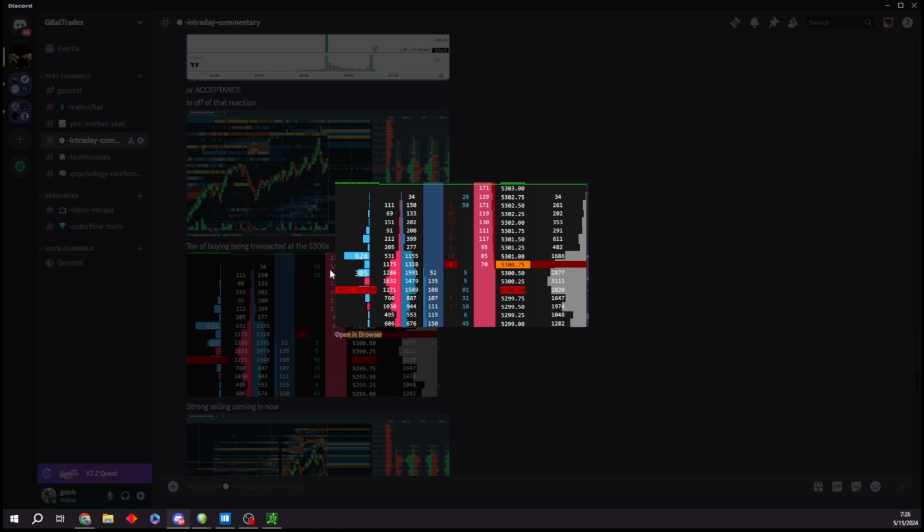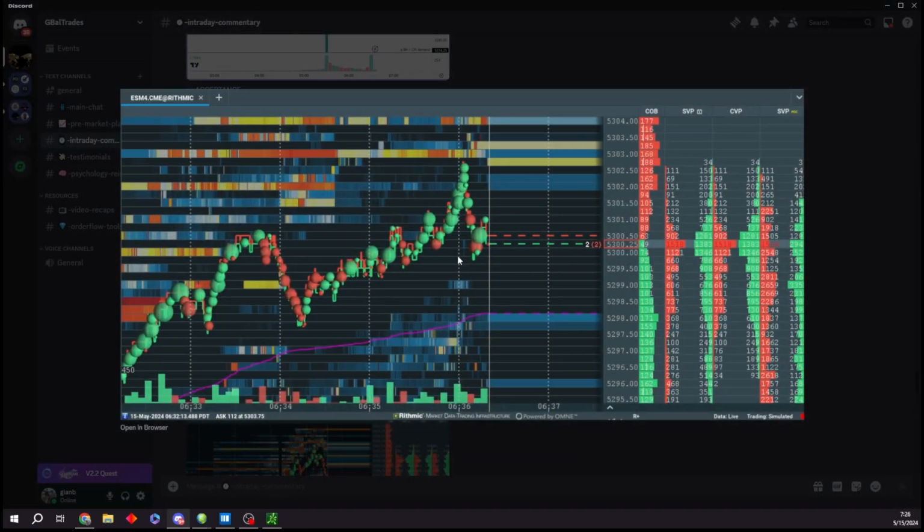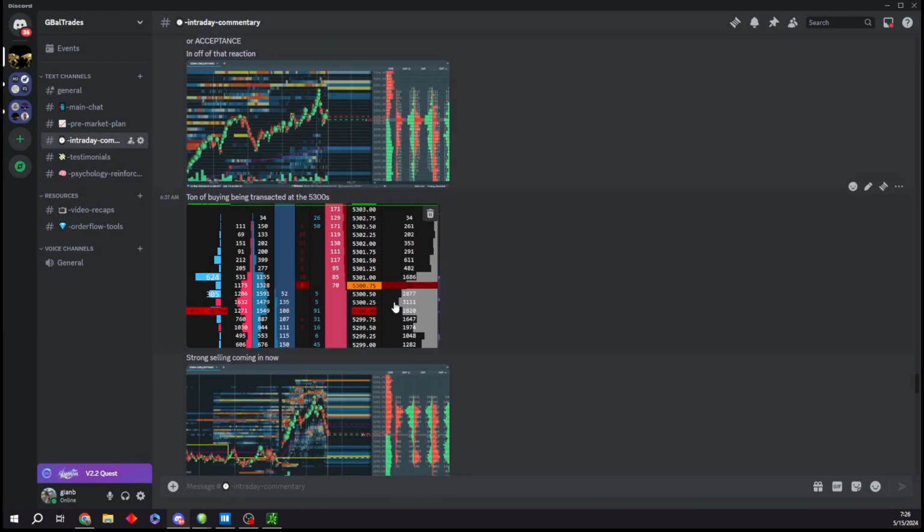There is some positive delta being transacted at the 5300s, and whenever a high gets taken out with strong aggressive buying and it fails, that's a sign of a lack of activity, because ideally you would want to see continuation off of that. But if there's no continuation, that's a sign that the market could reverse, and that's exactly what I got in at.